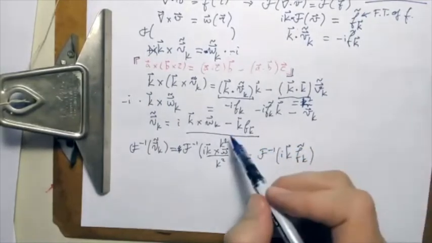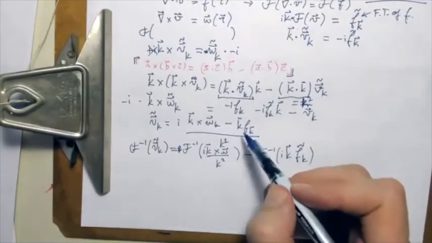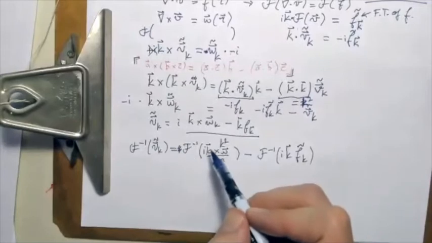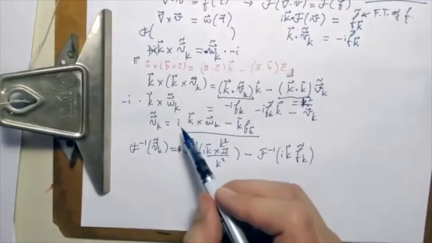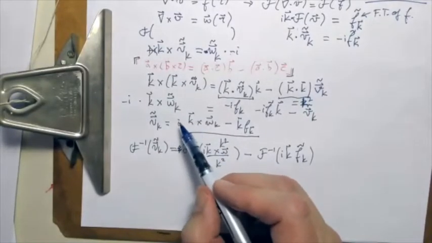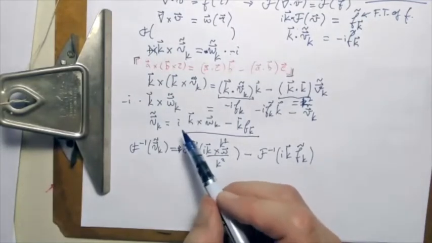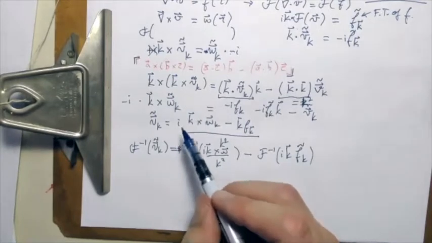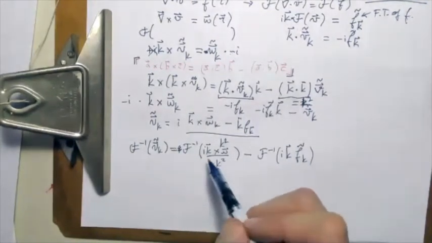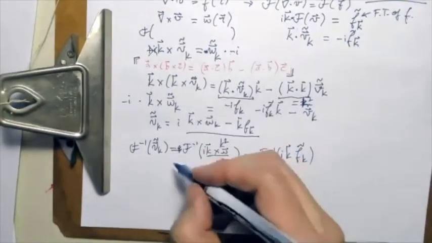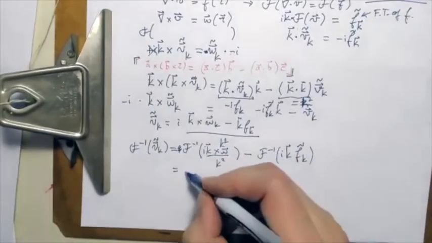Now I'm writing this a little bit sloppy, because we have this I of k, we're going to take the inverse transform, and we know that when we take the transform, we can always exchange an I times k for a Nabla operator. So this is written a little bit sloppy, but if you write it like this, then everything is good.